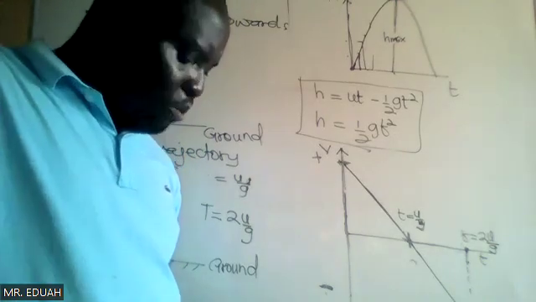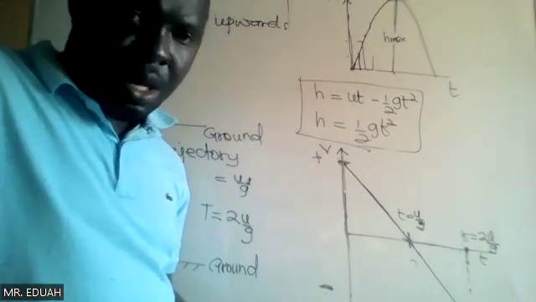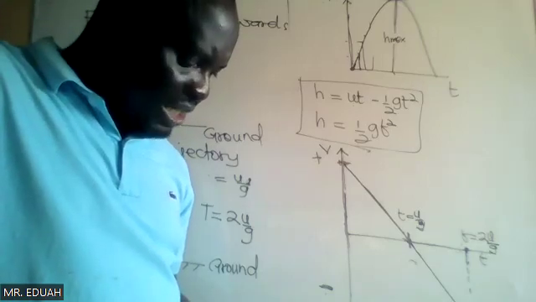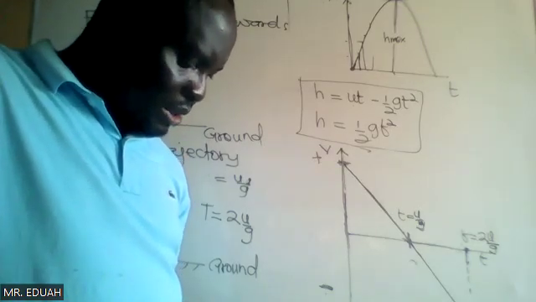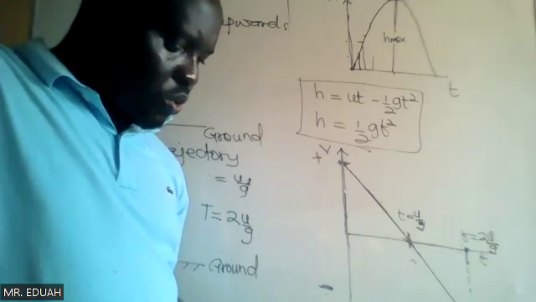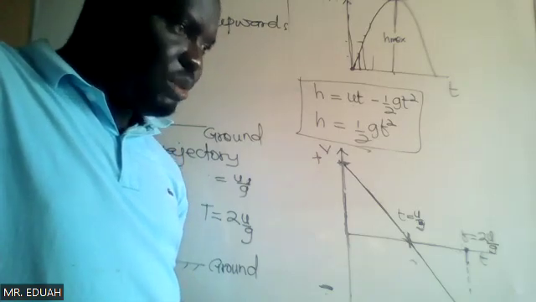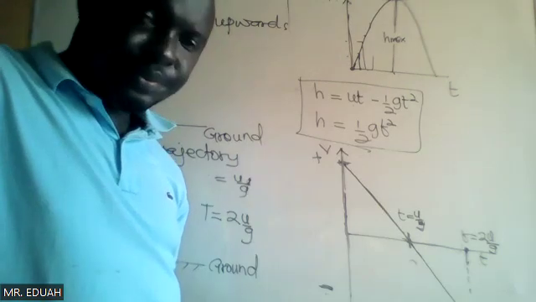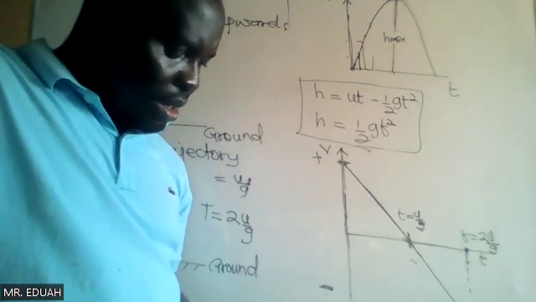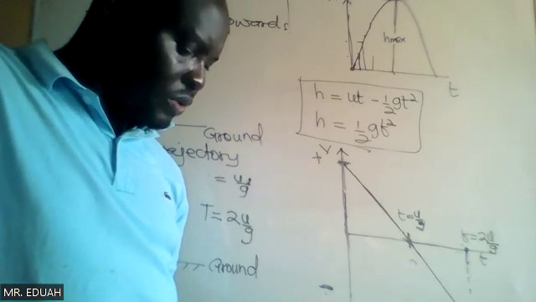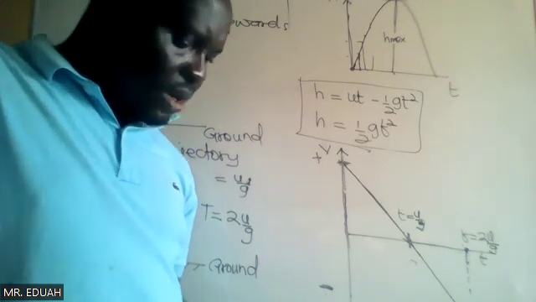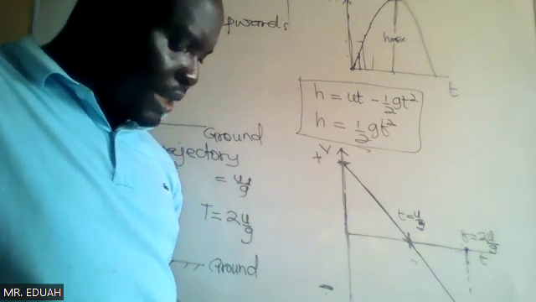The question says that a ball is thrown vertically upward from the ground with a velocity of 80 meters per second.